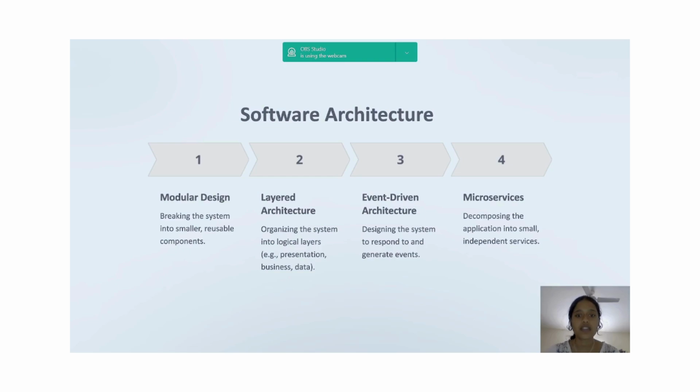So next we have software architecture. Software architecture is the high-level structure of a software system. It will define the components and their interactions. It will provide a blueprint for system organization. It will also guide the design and implementation, and ensure that scalability, performance and maintainability go hand in hand.